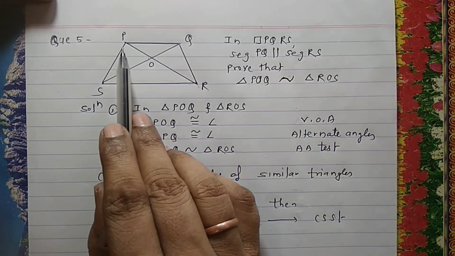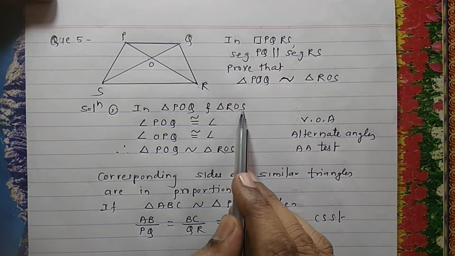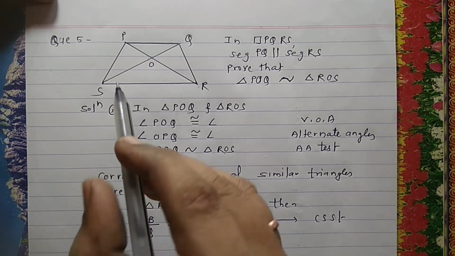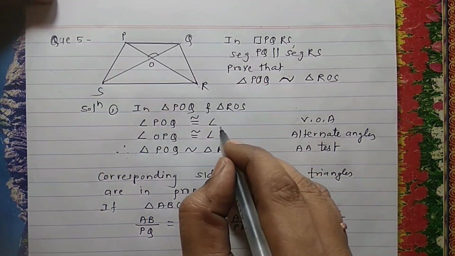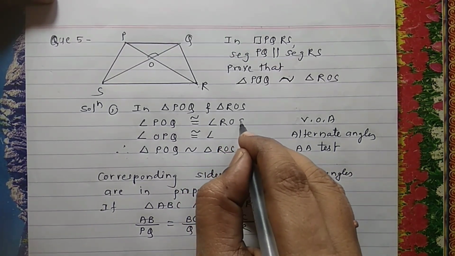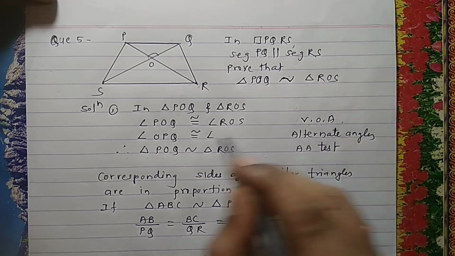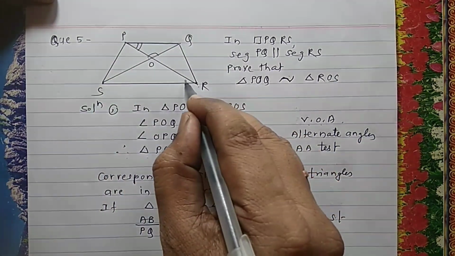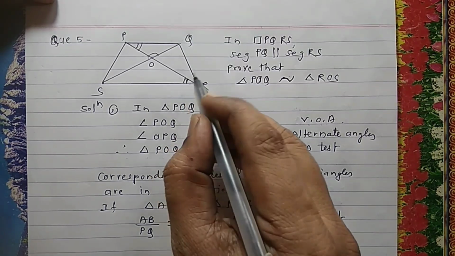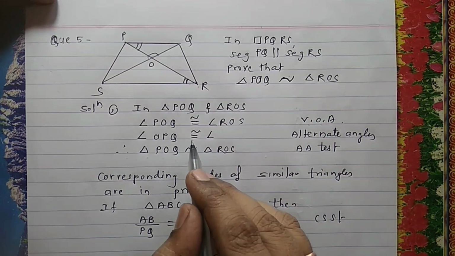So now here I will consider triangle POQ and triangle ROS, where angle POQ, this angle, is congruent to angle ROS. Reason for this is vertically opposite angles. Then angle OPQ, this angle, is congruent to this angle. They form Z shape, therefore they are alternate angles.